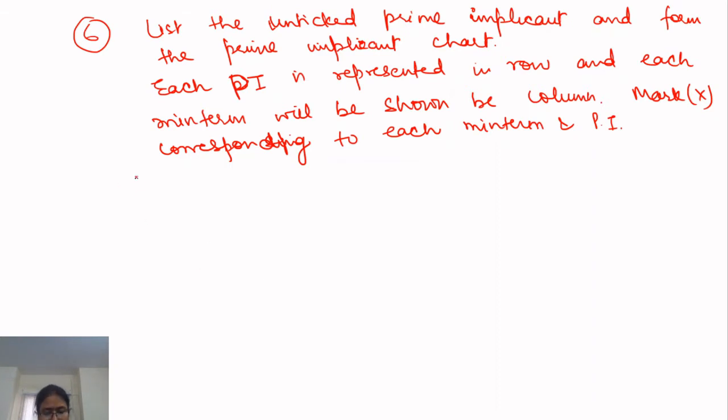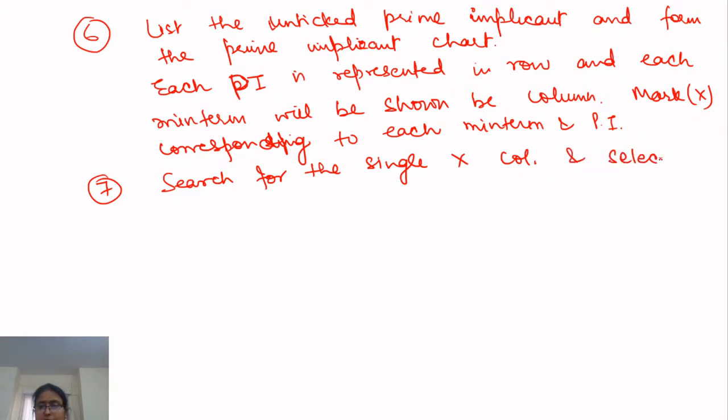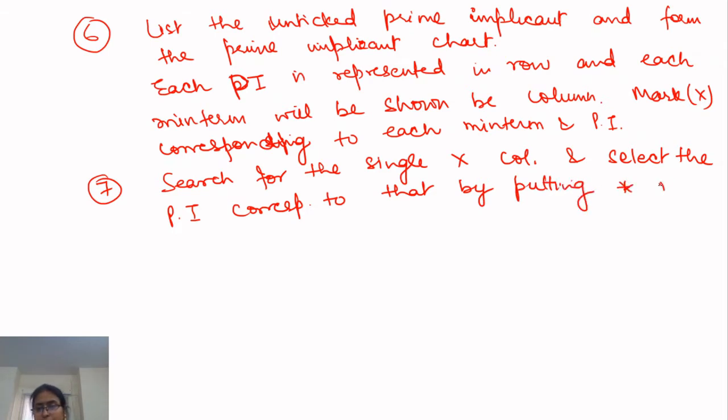This way you can make a chart, and then search for the single cross column and select the prime implicant corresponding to that by putting a star mark in front of the prime implicant.